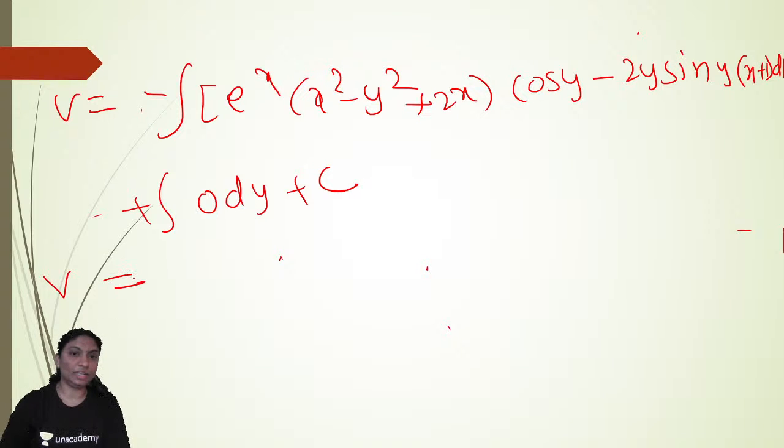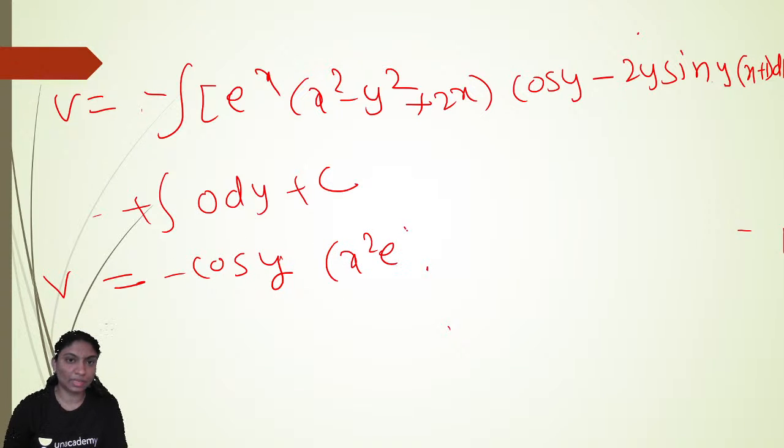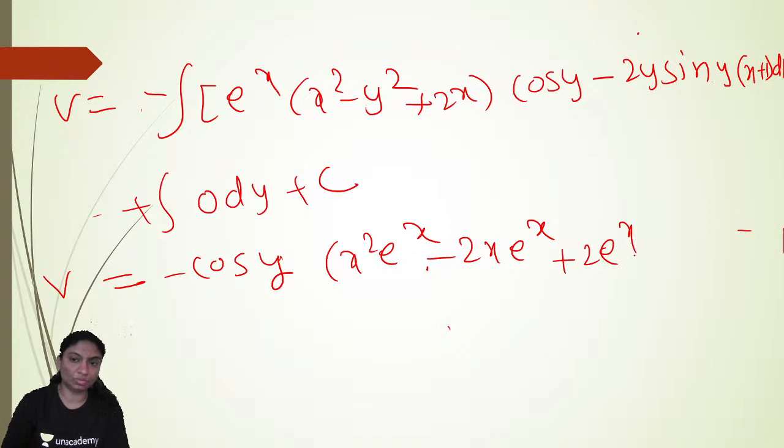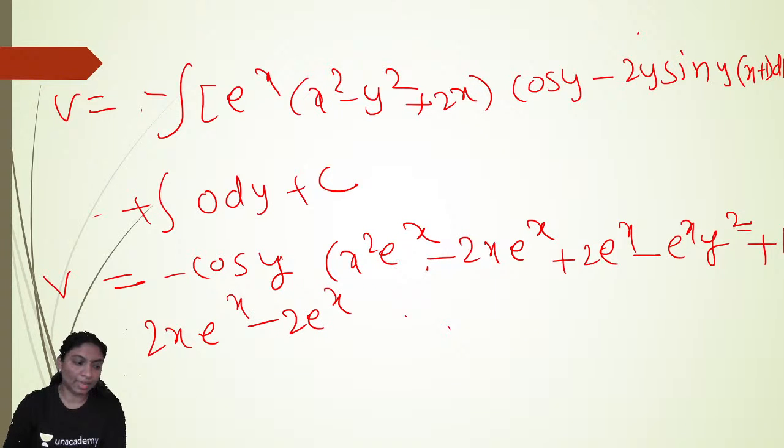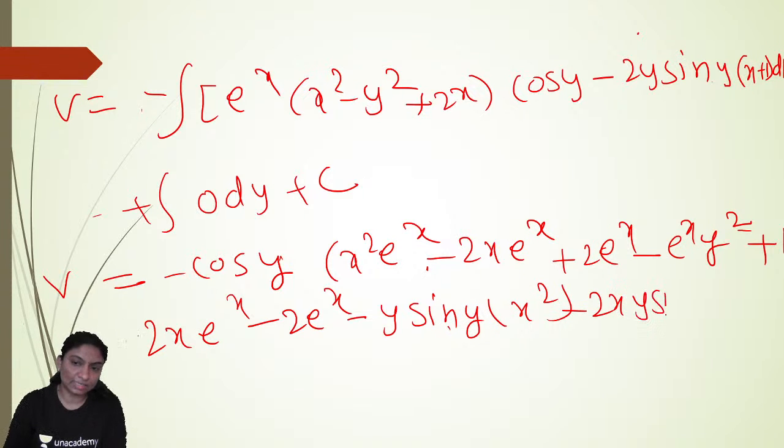Okay, so you will get v is equal to, now integration of this, you will get minus cos y into (x² e^x minus 2x e^x plus 2 e^x minus 2x e^x minus e^x into y² plus 2x e^x minus 2 e^x) minus y sin y into (x² minus 2xy sin y) plus 0 plus c.